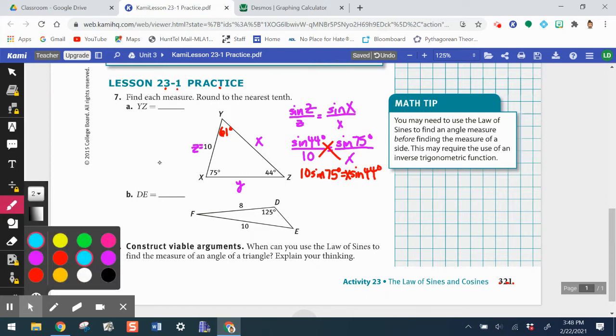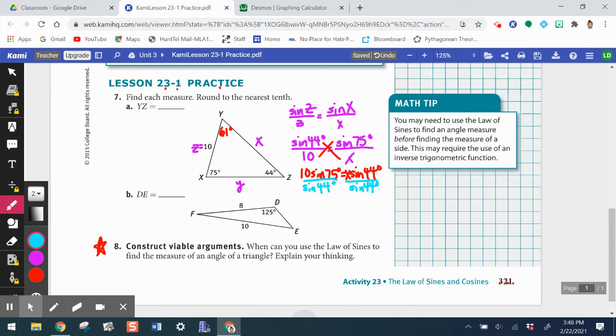So I'm going to divide both sides by sine of 44 degrees so that x is by itself. That, of course, will cancel that multiplication there. And I'll be left with x equal to 10 times the sine of 75 degrees over the sine of 44 degrees.